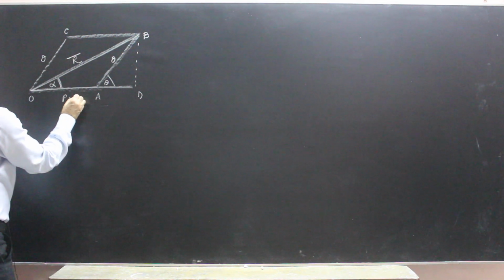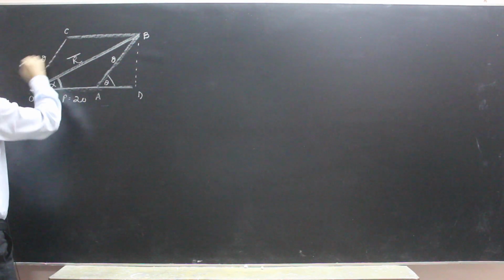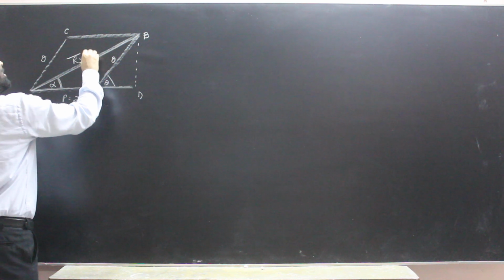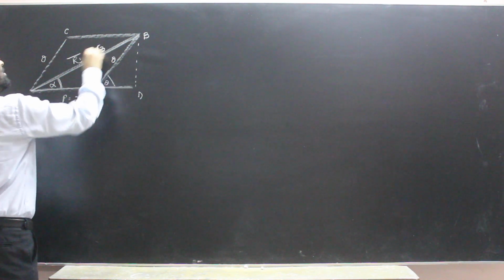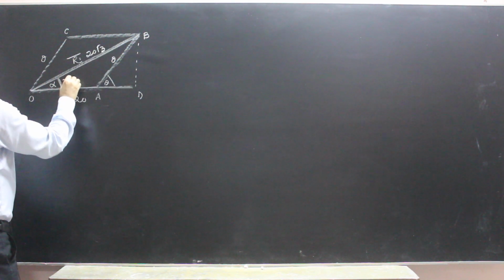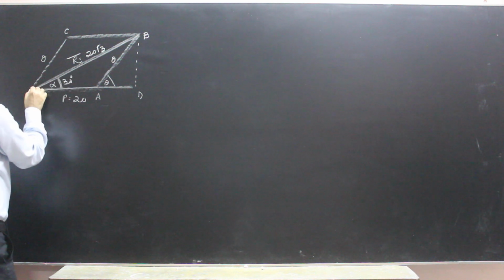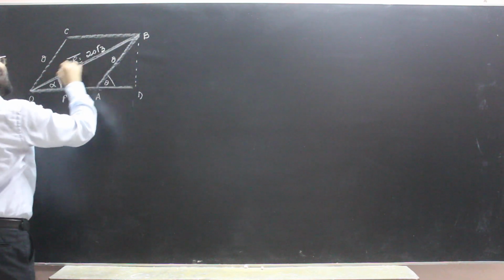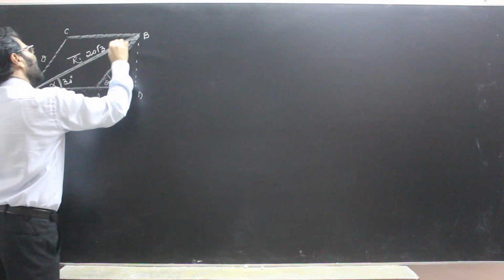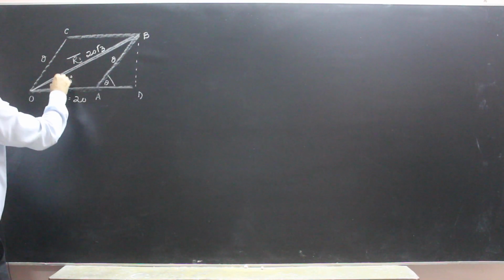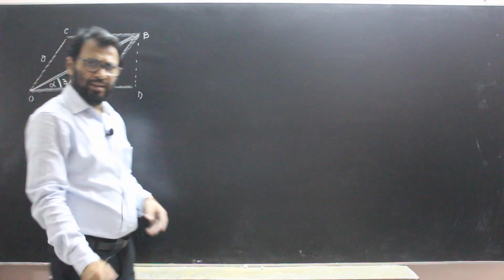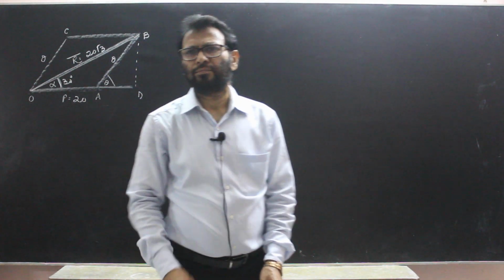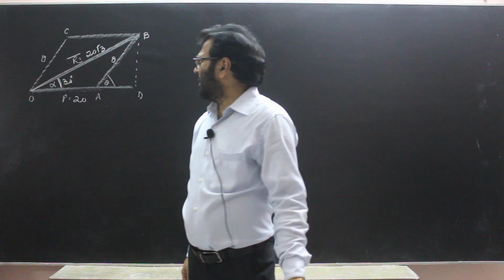This is 20, this is q, R is 20 root 3 and alpha is 30. There are two vectors, 20 and the other vector is q. The resultant is 20 root 3. The resultant makes an angle of 30 degree with one of the vectors p.